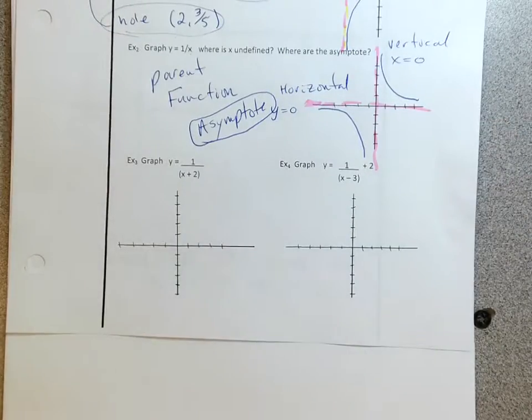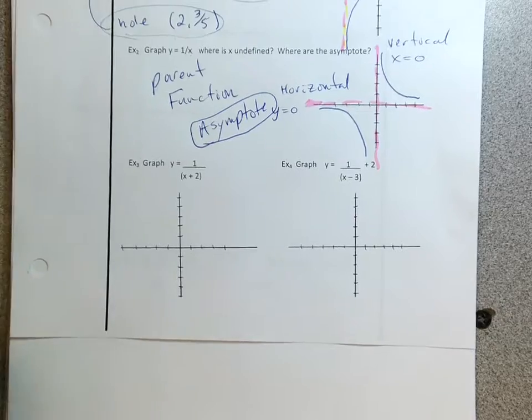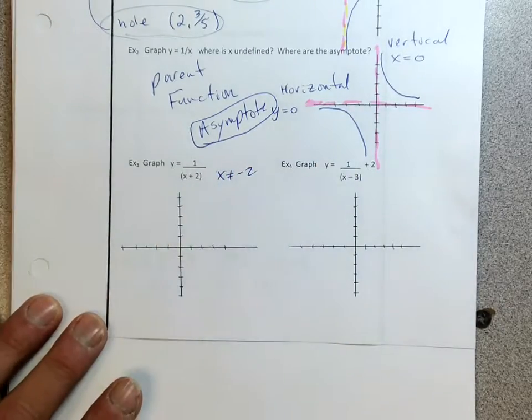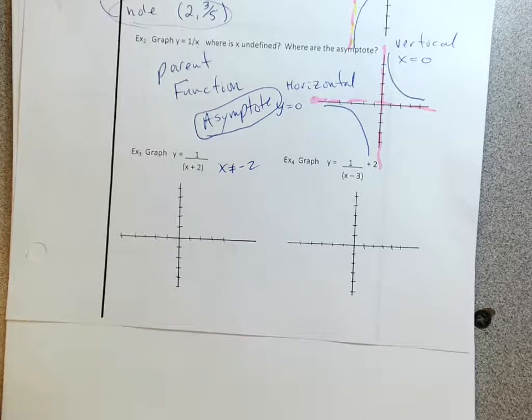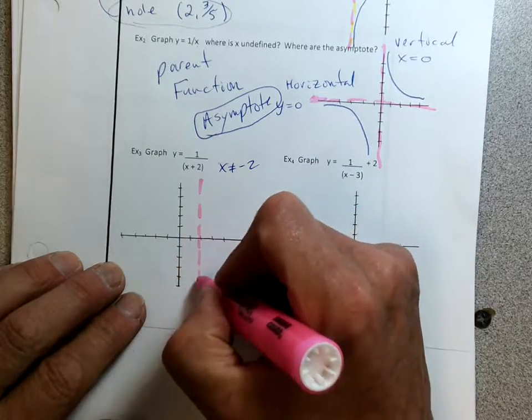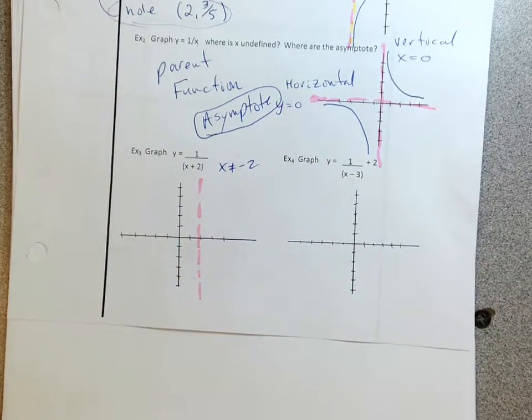let's draw it again. Check it out. x cannot equal -2. Agree? So that means I should have an asymptote at -2. That's not -2.